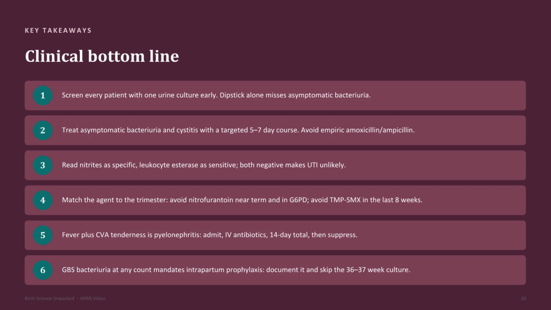Do respect trimester timing. And fever with flank tenderness means admit for IV therapy, and a full 14-day course, then suppress. A GBS bacteriuria at any count mandates intrapartum prophylaxis, documented, and skip the 36 to 37 week culture.